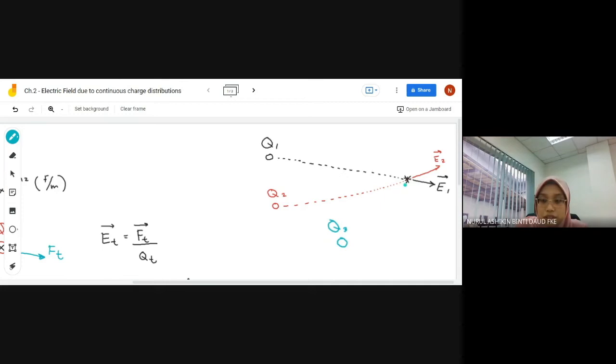And for this point charge, we want to find the electric field at the same position as Q1 and Q2, which is here. And we make another line where now the E is pointing here, which is E3.